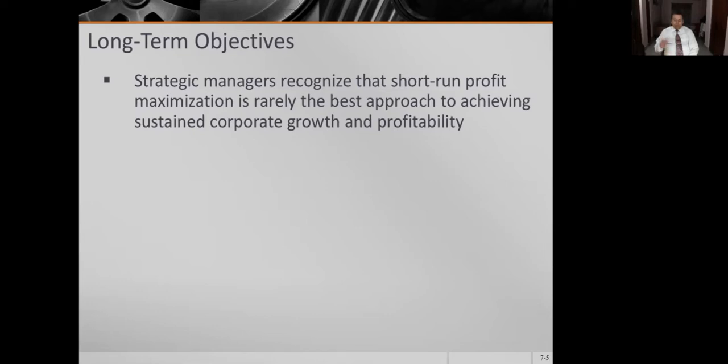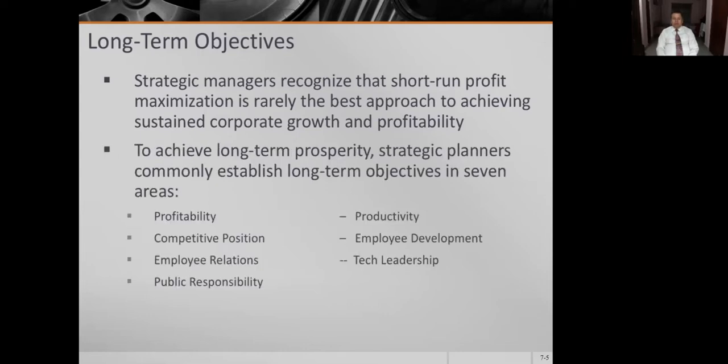So we'll see what the future will be after this. This is very important to understand. To achieve long-term prosperity, strategic planners commonly establish long-term objectives in 7 areas. These are the areas you can read here, as I've summarized. All of these are very important to follow.